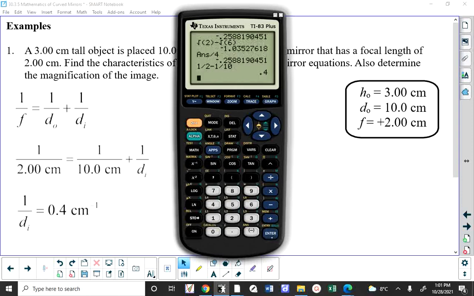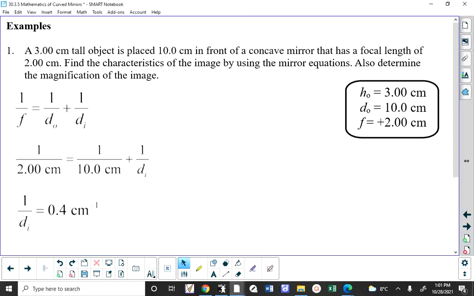We don't want to convert this to a fraction. It's, as I said, a science class. That is what 1 over di is equal to. So if 1 over di is 0.4, then di is 1 divided by 0.4, and that's how we get 2.5 centimeters.